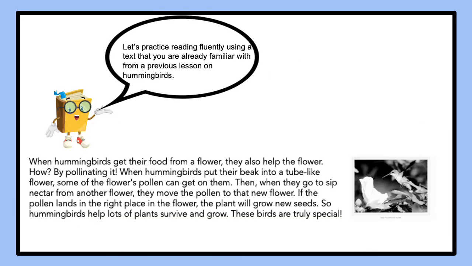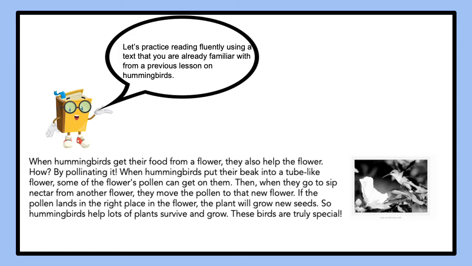Let's practice reading fluently using a text that you are already familiar with from a previous lesson on hummingbirds. When hummingbirds get their food from a flower, they also help the flower. How? By pollinating it. When hummingbirds put their beak into a tube-like flower, some of the flower's pollen can get on them.